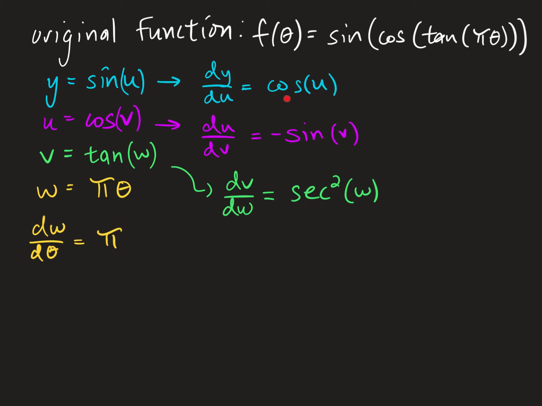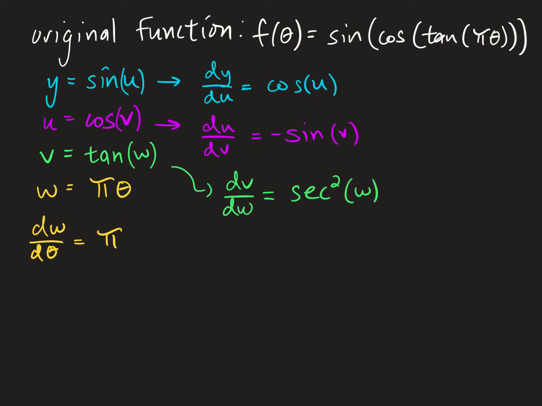It's dy du times du dv times dv dw times dw d theta. But this w, v, u, we need to have all of those in terms of theta. So I hope you were taking notes from the last slide. If not, go find what those functions were.